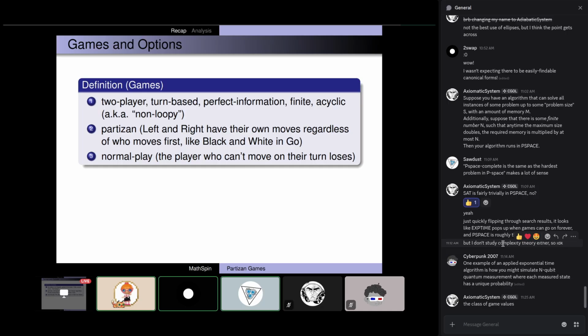That's a game that's not a surreal and not finite, but you can move to any size nim heap. That's a game value which is not surreal and not finite. So I think you're seeing why I put finite here, because it would be like a whole other talk.